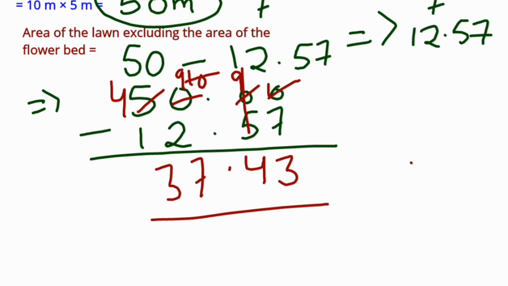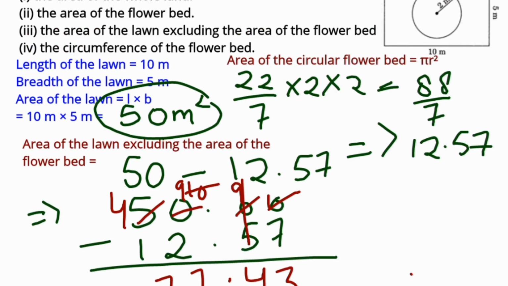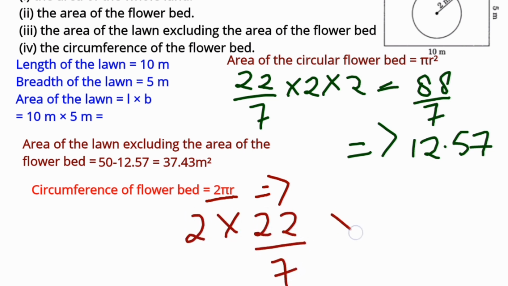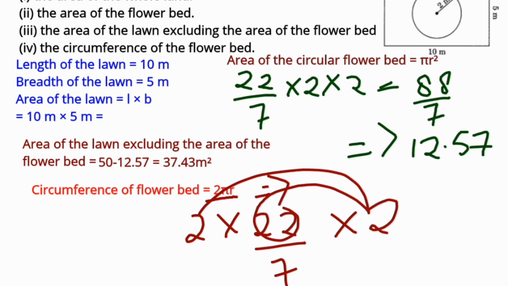Now we'll find out the last part, that is the circumference of the flower bed. Circumference of flower bed means circumference of circle. So we'll use the formula 2 pi r. So 2 into pi means 22 upon 7 into r, 2. Again 2 2s are 4, 4 into 22, 88.